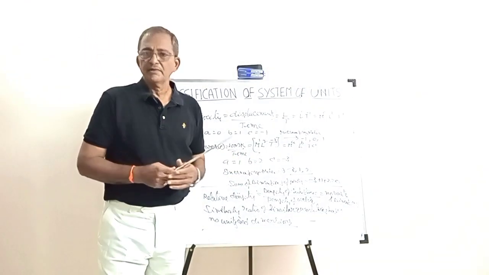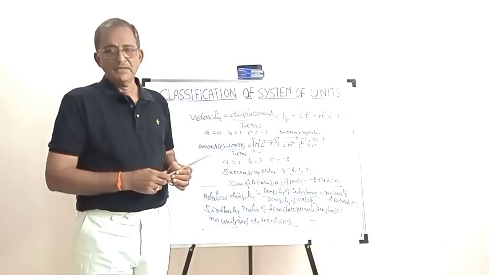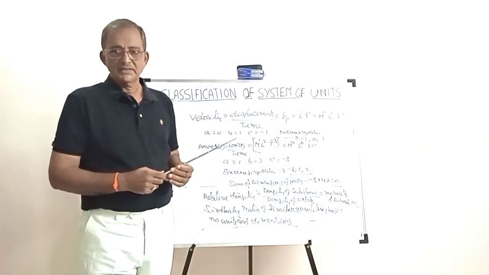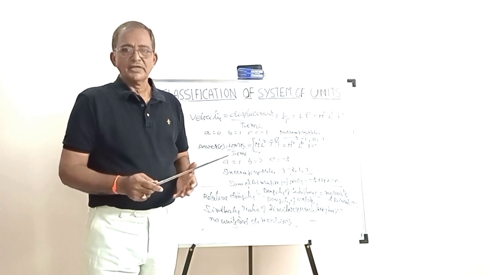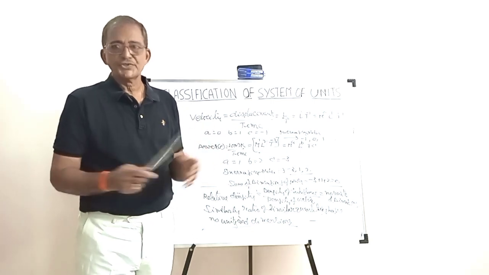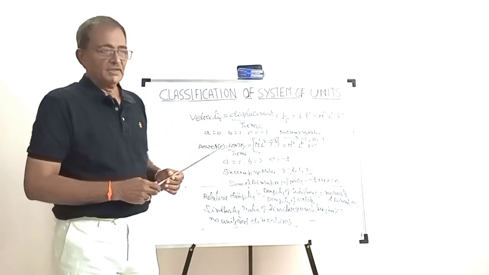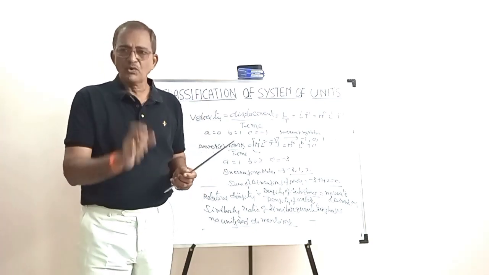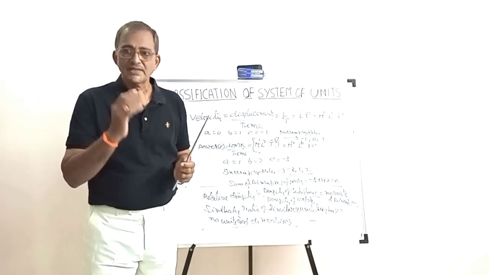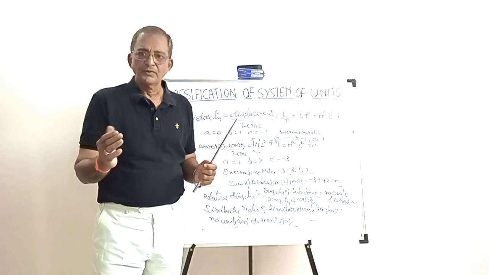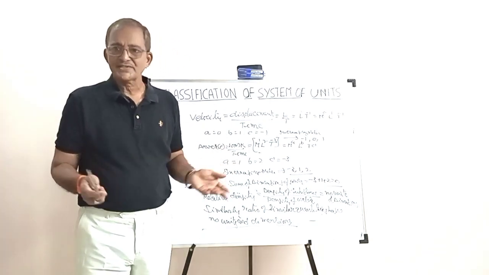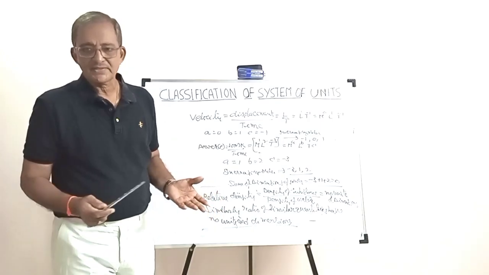If you take any trigonometrical function like sine theta, cos theta, tan theta, they are also the ratio of lengths which have no dimensions. That means wherever you come across a physical quantity expressed as the ratio of two same quantities, that becomes unitless and dimensionless.